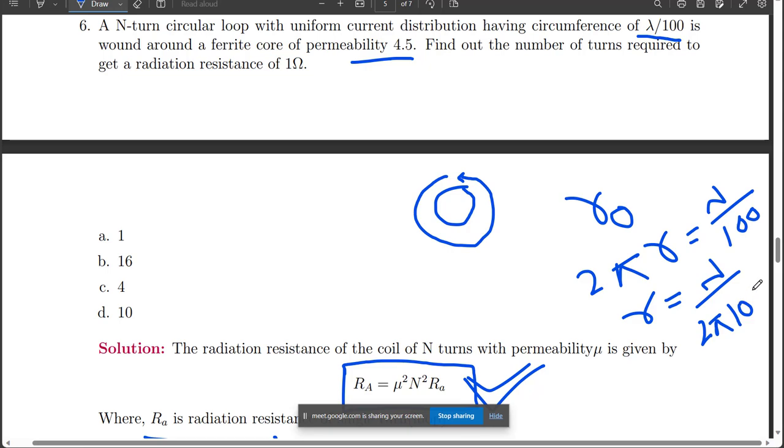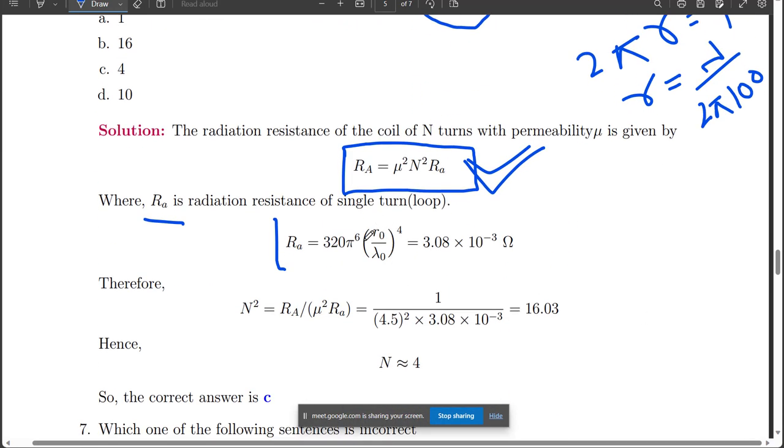Put this value here in terms of r naught, and lambda naught is given to you. Lambda and lambda will cancel.